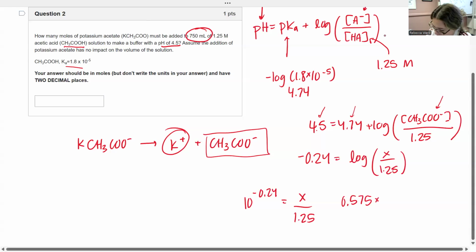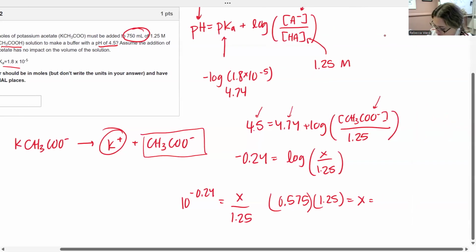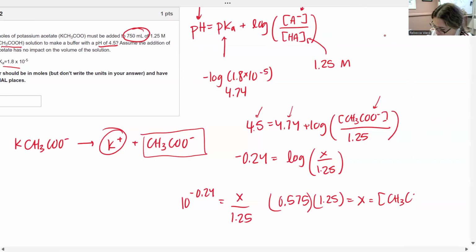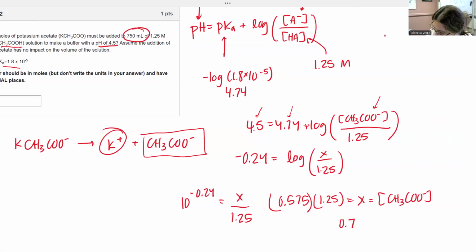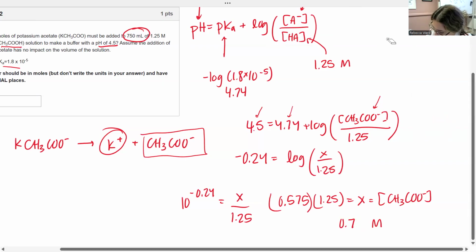And then I'm going to multiply that by 1.25, and that equals X, which I have left as my CH3COO minus concentration, and that is 0.72 molar. Actually, let me not round so early. Molar of our conjugate base.